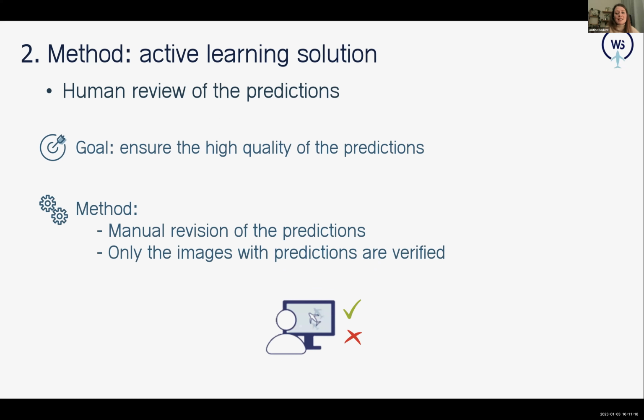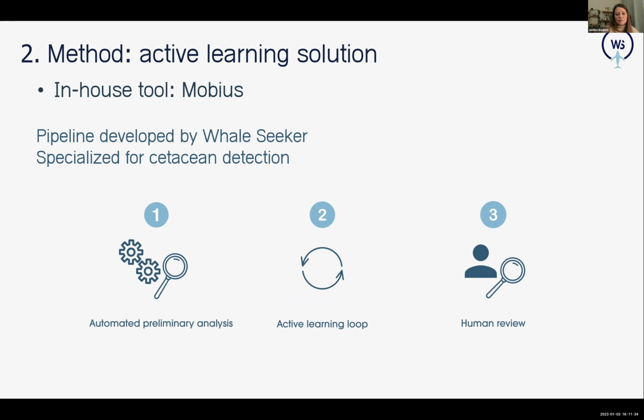So we reach the last step of our pipeline. Each prediction is manually checked by an expert to ensure the quality of the final analysis. The expert will open only the images with predictions, and will verify each of those predictions. So now you know more about the solutions that allow us to scale aerial image analysis.